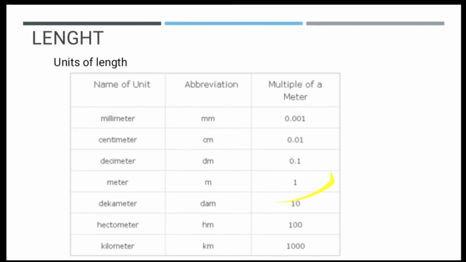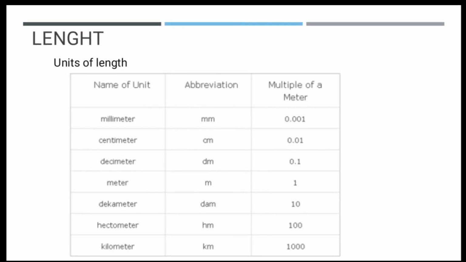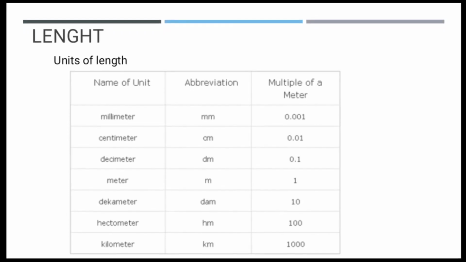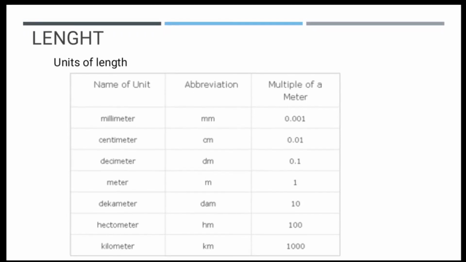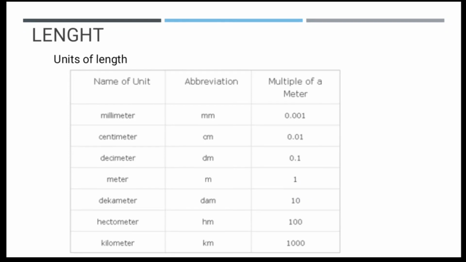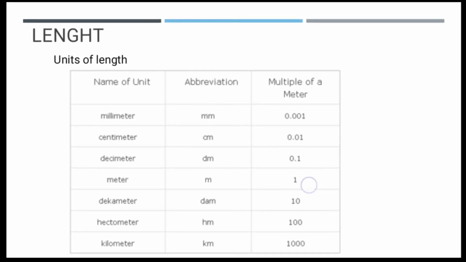Okay? Then when we find the other units of length, for decimeter, since decimeter is less than meter, we will move one point to the left. So from here, since our decimal point is after 1, we will move to the left.